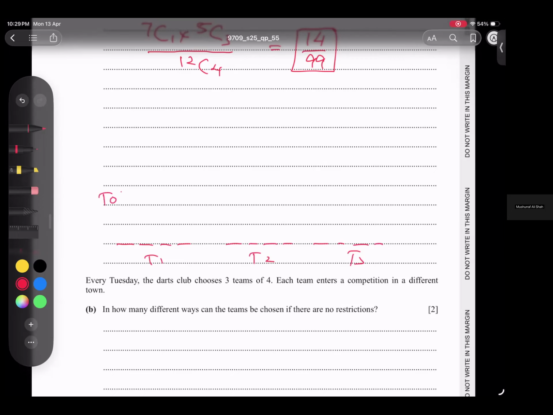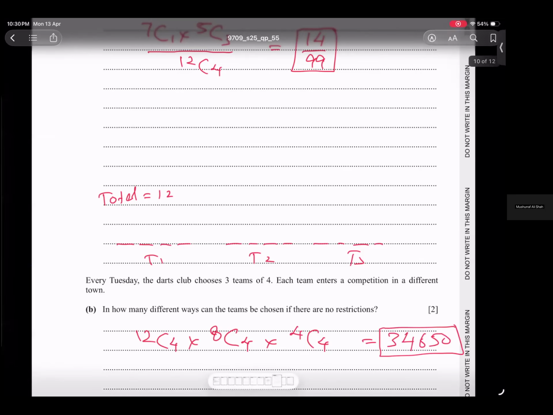When 12 people enter, we have to select 4, so 12C4. And if 4 are gone, 8 are left, and 4 positions we have, so 8C4. When that's done, 4 people are left in 4 places, so 4C4. And when we type this in the calculator, the answer turns out to be 34650. I think this part is also clear.